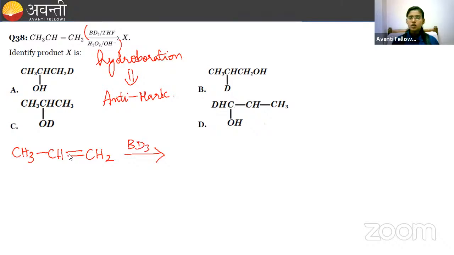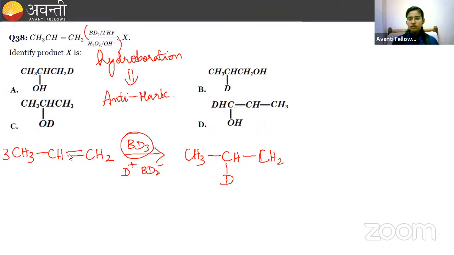Three moles of alkene will react with this, and I will get CH3-CH, where the D will go, and the remaining BD2 will go to the next carbon, giving CH2-BD2. So this part will be divided into D plus and BD2 minus.